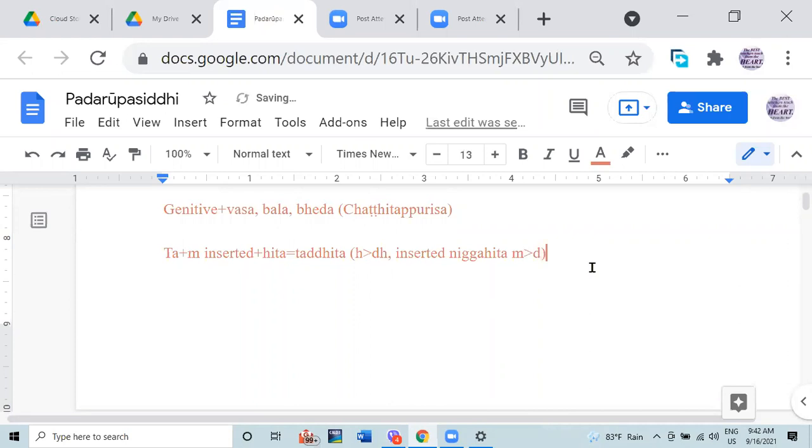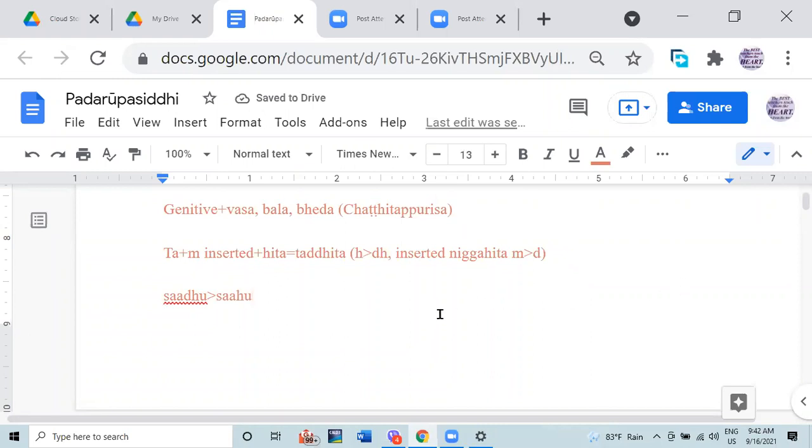So we get Taddhita. Ta and hita, ha changes to da. Like sadhu, sahu, they are interchangeable.